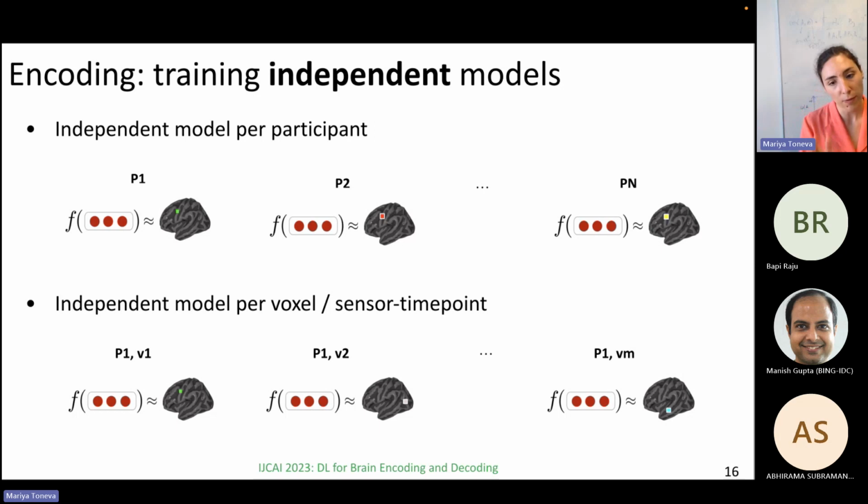So there will be a different function f for, let's say, voxel (volume pixel) 1 in participant 1, and a different function f for voxel 2 in participant 1, and so on. So we have these many function f's that are all trained in an independent way.